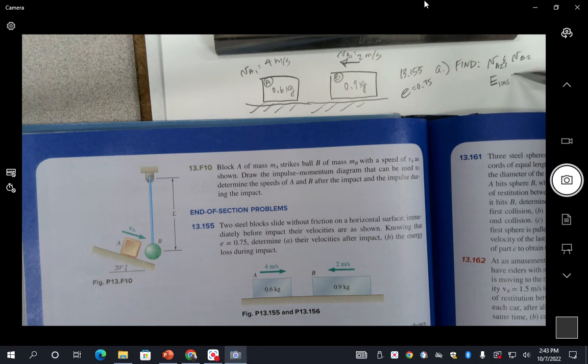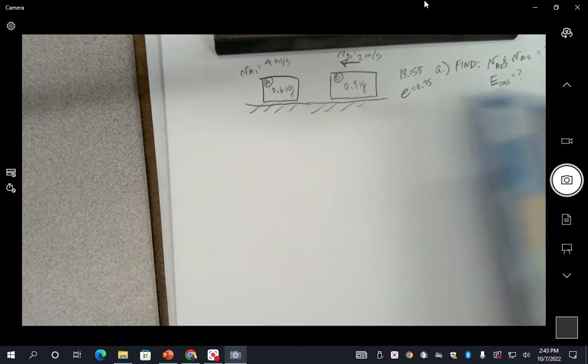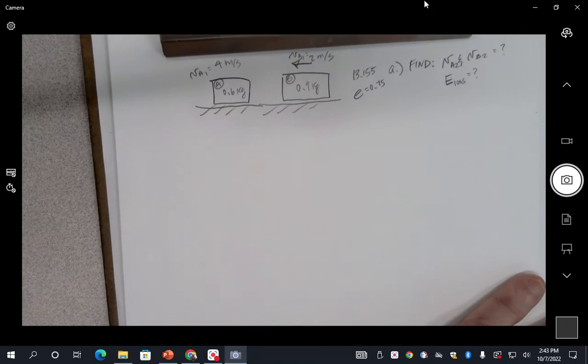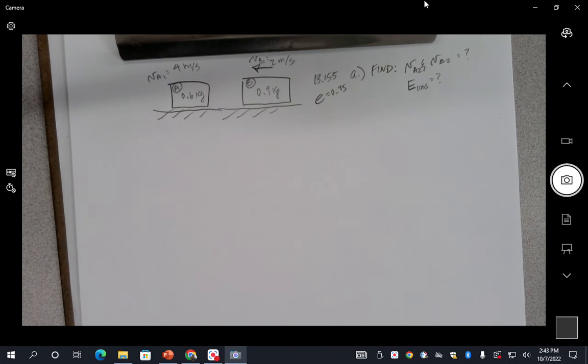We go to work and energy, just like we did the efficiencies, right? We get the kinetic energy before plus the loss equals the kinetic energy afterwards.